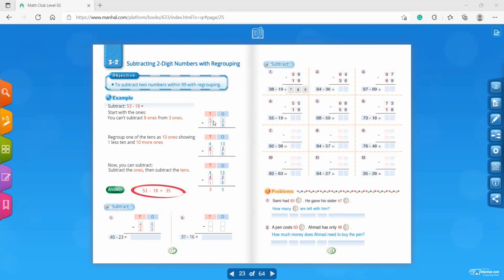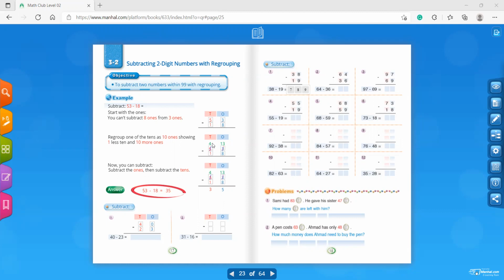So when we ask the 5 for help, the 5 is so generous. It will give us one of its value. That means it will give us 10. We will regroup the 10 with number 3 here. The 3 is transferred into 13 and the 5 is transferred into 4.